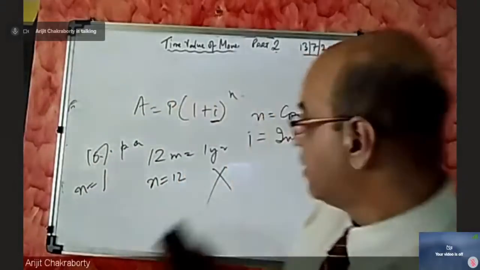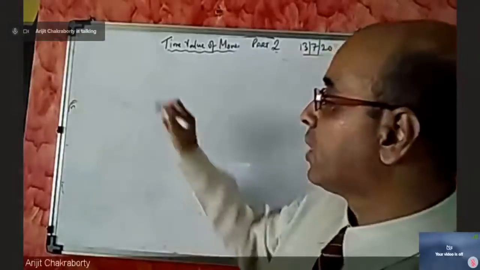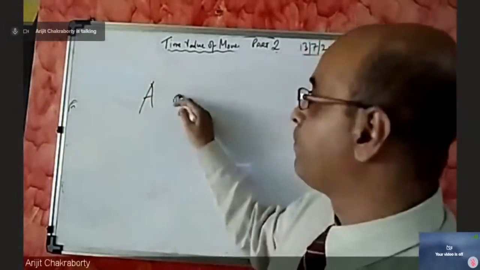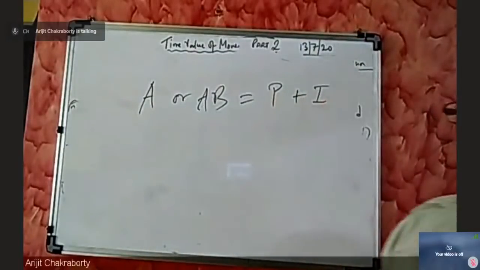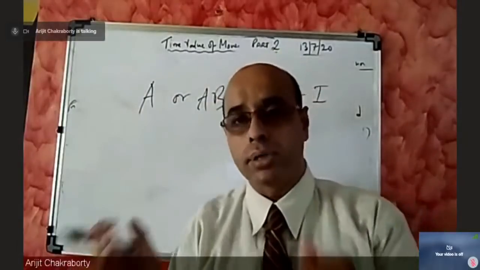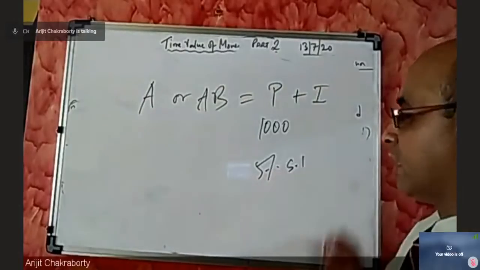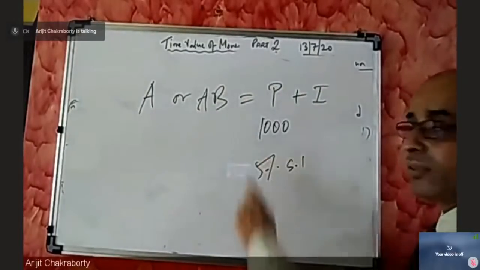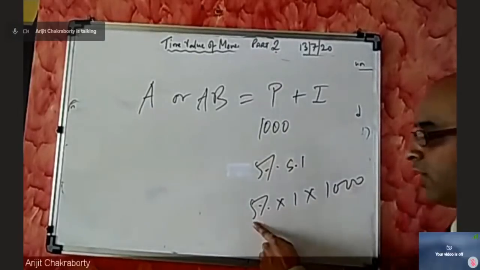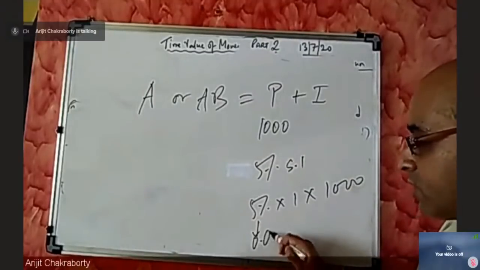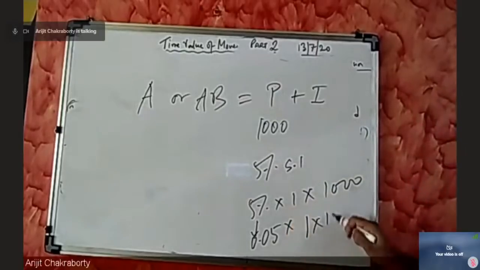Okay. Now, another small formula before we proceed: we know that amount, or you can call it accumulated balance, is equal to principal plus interest. So if I have a principal amount of 1,000 rupees and I earn 5% simple interest, then I am getting an interest of how much? 5% into 1 into 1,000. 5%, which means 0.05 into 1, because n is 1 year, into 1,000.